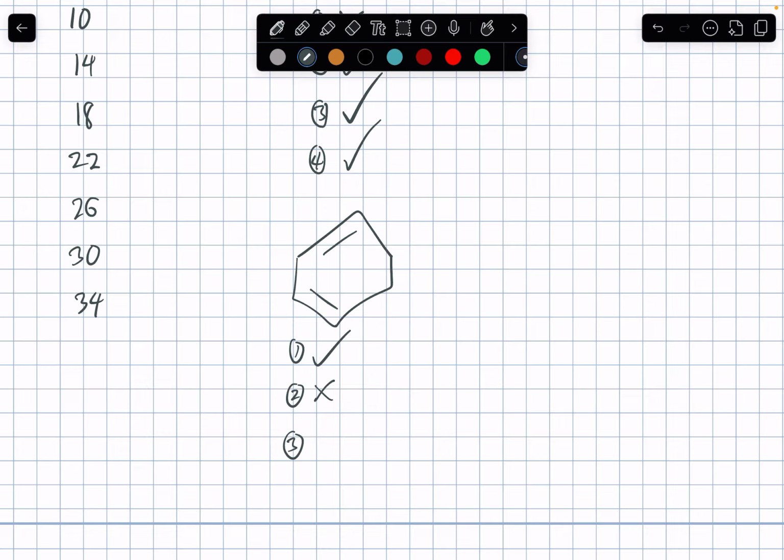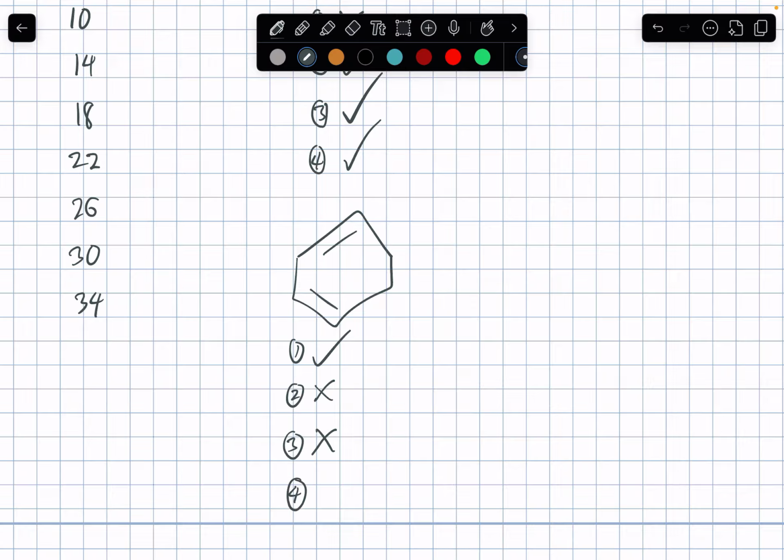But it just so happens that in this case, it is not completely conjugated. And I did mention this in the previous video that usually when a compound is not completely conjugated, it is also not planar. I suppose this is one of the scenarios where, because it is not completely conjugated, it is also not planar.